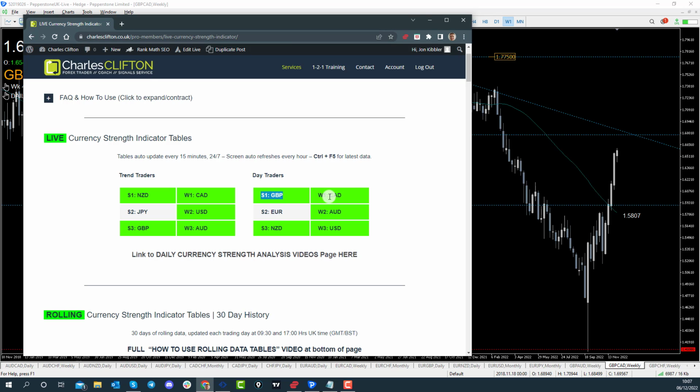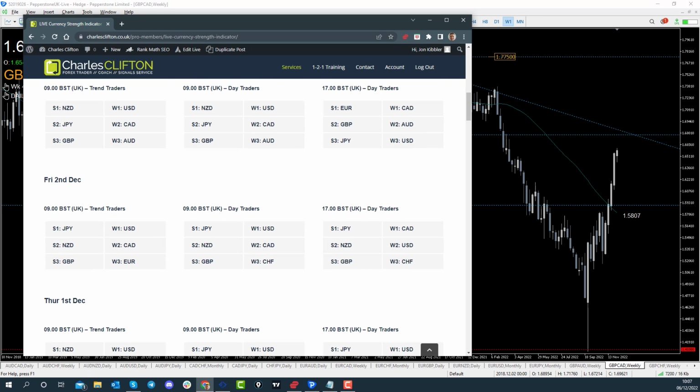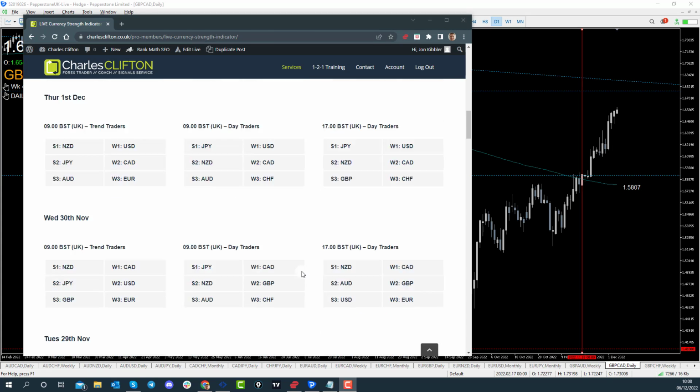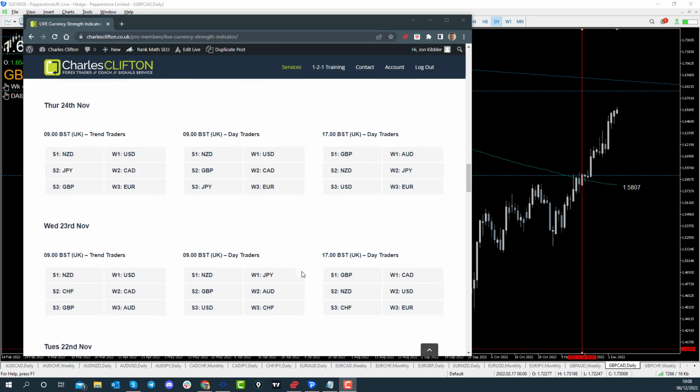I'm going to have a little look at pound CAD today. We haven't looked at pound CAD in a while. The last time pound CAD featured was on the 18th of November.